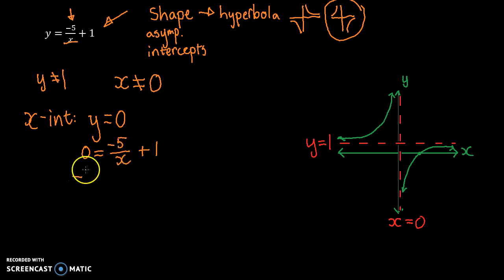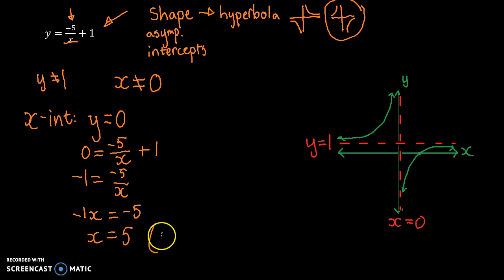You have to think outside of the box, because we've got to get x out of the denominator. So I've started by moving 1 over, and now I'm going to multiply both sides by x so that it becomes -1 is equal to -5, which means x is equal to 5, so our x-intercept is going to be 5 and 0.